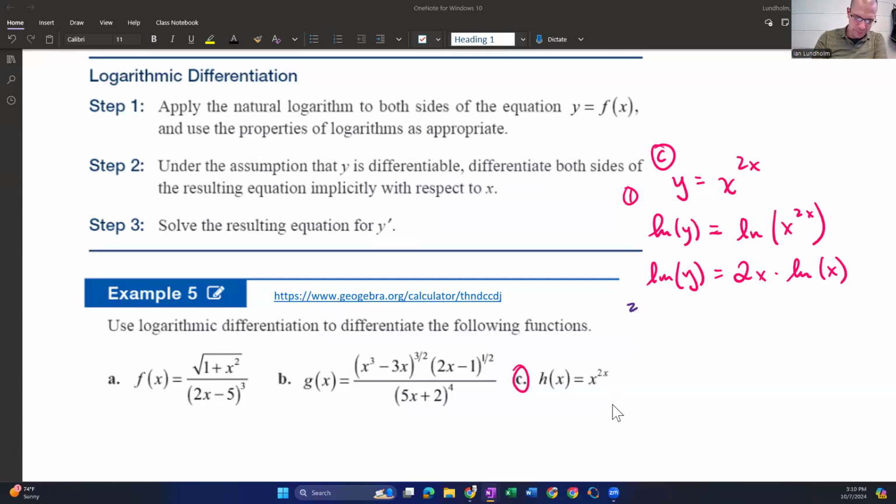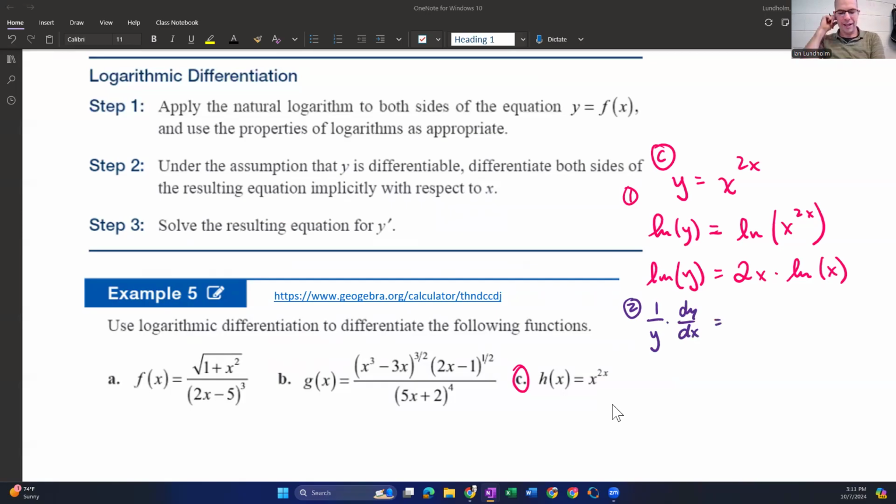Step two comes in here where we take the derivative of both sides, assuming that y is differentiable. On the left-hand side, if we've got the natural log of y, and we're taking the derivative with respect to x, what we'll get is 1 over y as the derivative of the outside function, but the derivative of the inside function would be dy dx.